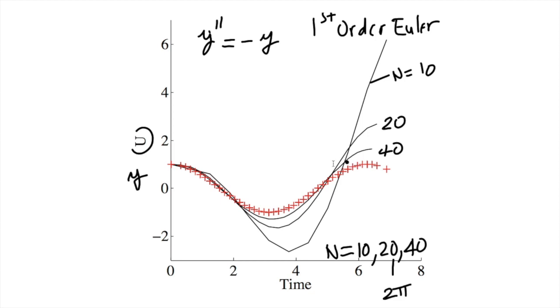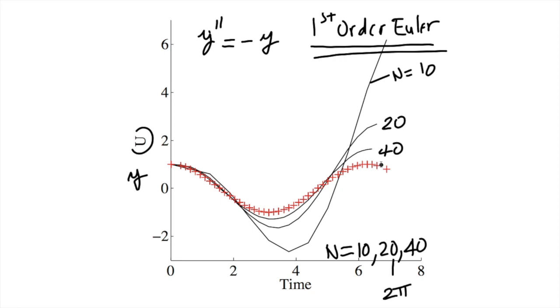The magnitude of net growth over the interval up to 2 pi has been reduced, but there is this intrinsic growth of error behavior, unlike the physical solution, that this particular method builds into the algorithm. So it's not a desirable property.